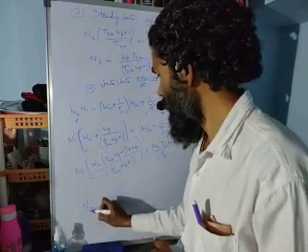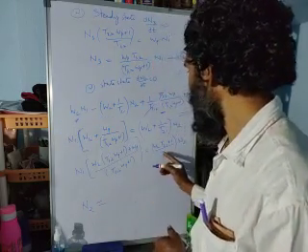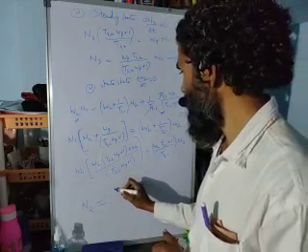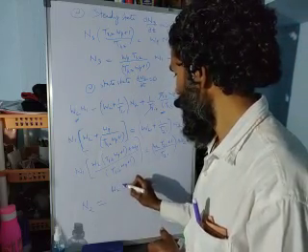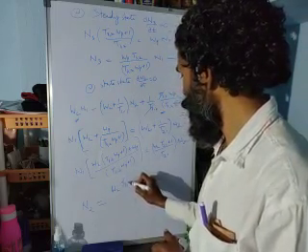The t21 will go and multiply each of these terms, so it will be wl into t21.